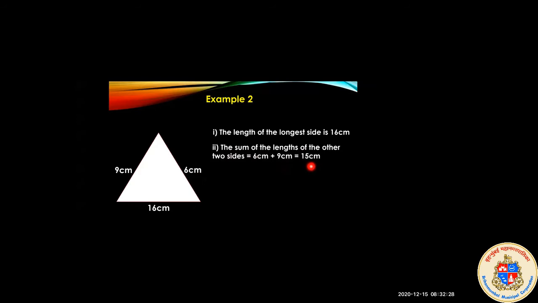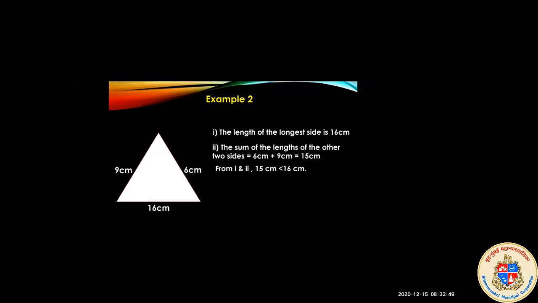So you can see now that by the step 1 and 2, 15 centimeter is less than the 16 centimeter. So can you draw a triangle, students?